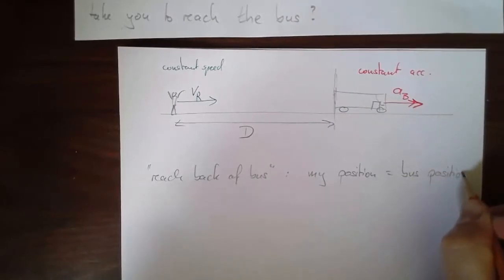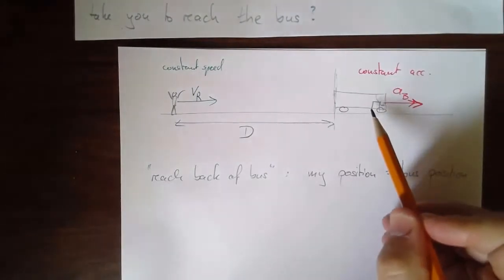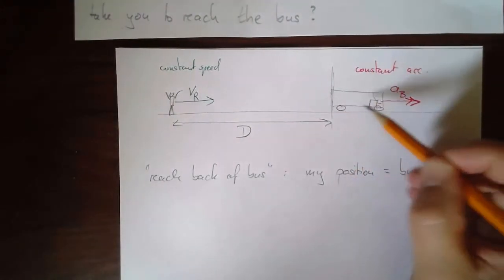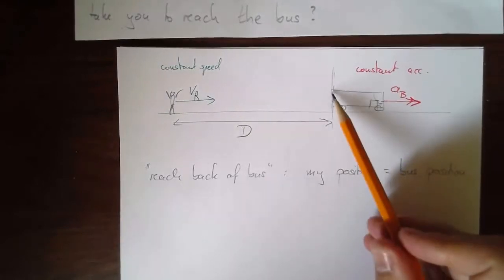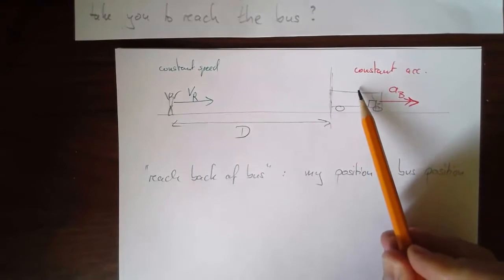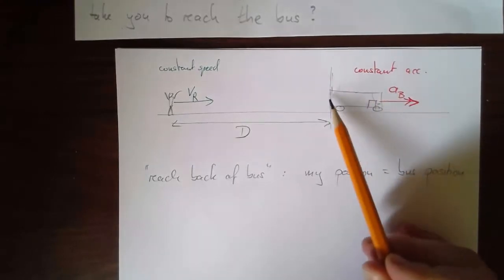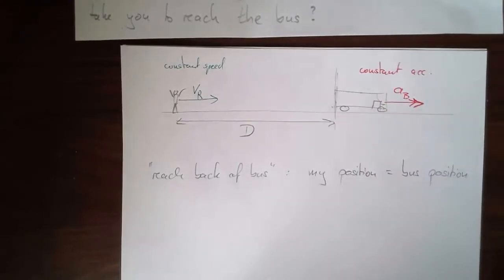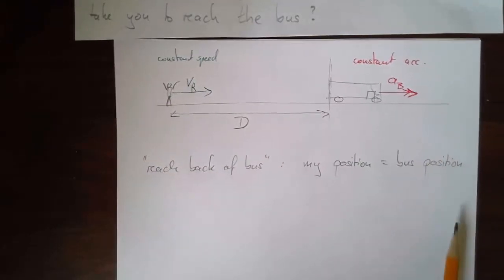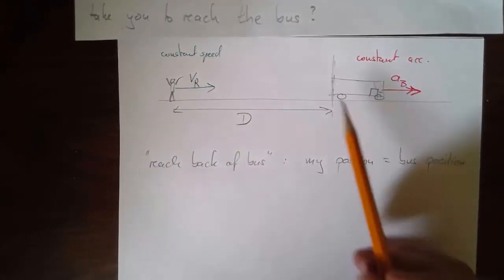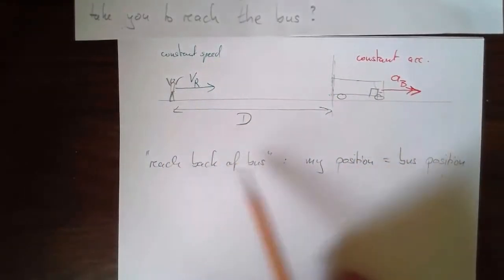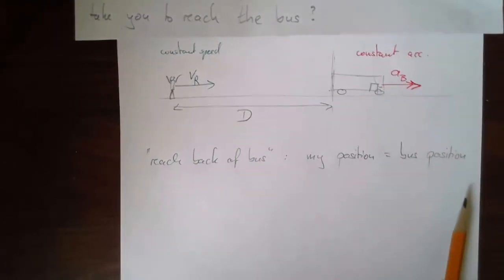Could have been the door of the bus if I was trying to reach a door. But if I'm only aiming for the back bumper here, I don't care what the rest of the bus does. Of course, it's moving with the bus. But in terms of looking at how far this point is away from here, we don't care. We only care about this one point on the bus. Okay, so my position is the bus position. That is what I want to have happen in order for me to reach it. So I've translated the phrase reach the back of the bus into math.